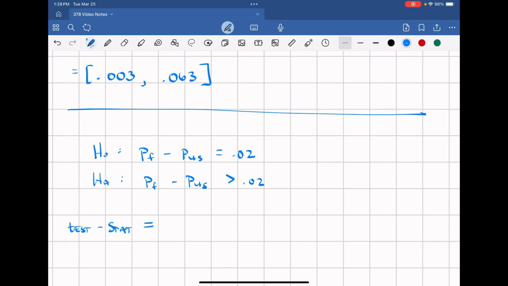So now we would calculate our test statistic, where we would look at PF hat minus PUS hat.